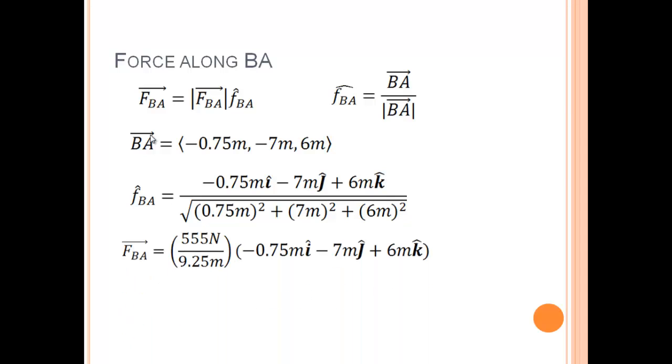Once we have obtained the unit vector, we can now multiply the unit vector with the magnitude of the force to obtain the force vector. The force vector along BA is thus given by negative 45 newtons in the I-hat direction, negative 420 newtons in the J-hat, and 360 newtons in the K-hat.